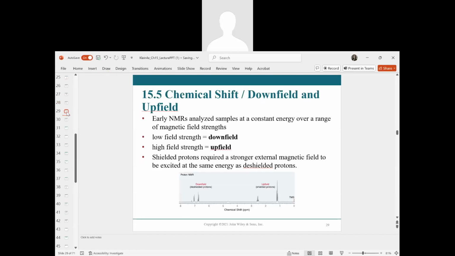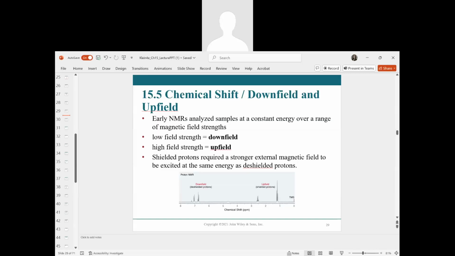And then again, depending on the different environment, we're going to see signals utilizing this low field strength, downfield. So these are in this region here where we see 6, 7, 8 parts per million chemical shift, or we have a high field strength or upfield signal that shielded protons will experience, and that's closer to our TMS standard.